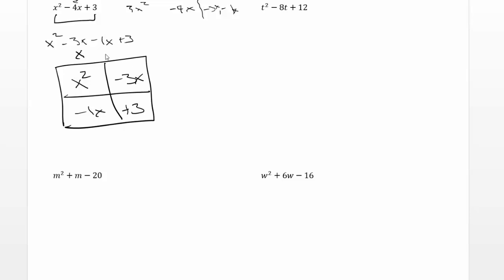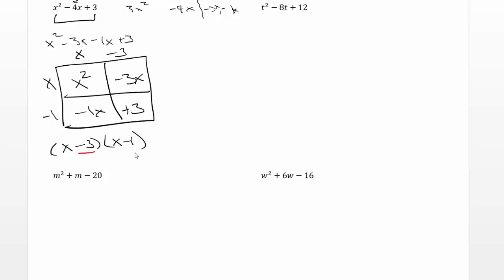And now I'll try to fill in the rest of this box. I think x times x is x squared. What times x is minus 3x? I think I need a minus 3. What times x is minus 1x? I think I need a minus 1. And I check, is minus 1 times minus 3, whatever is in this box? Yes, two negatives multiply to make a positive. So I think x minus 3 and x minus 1.